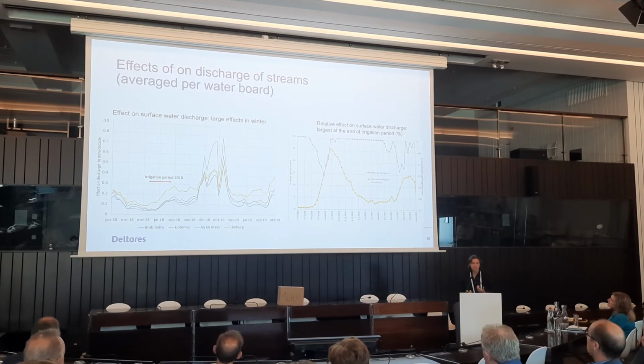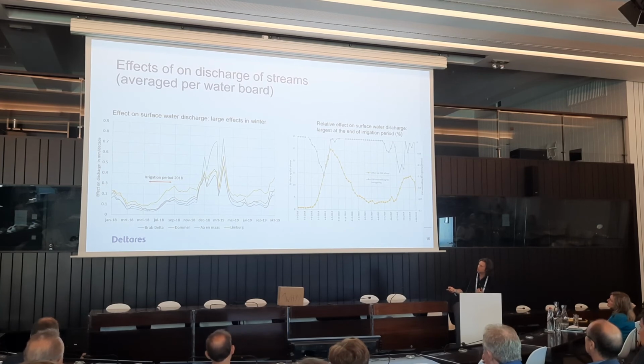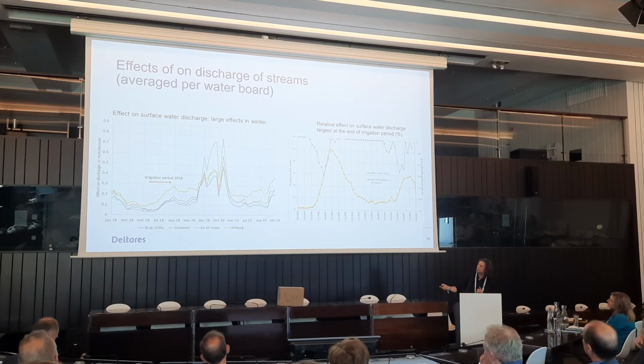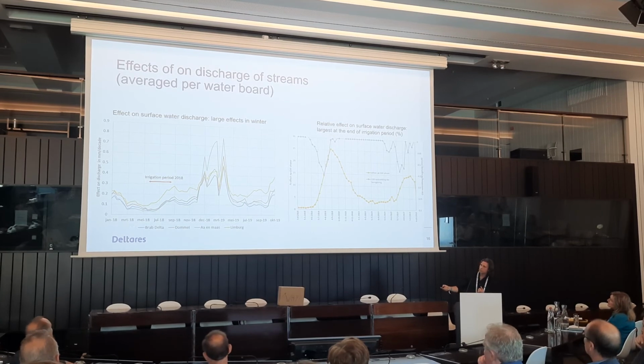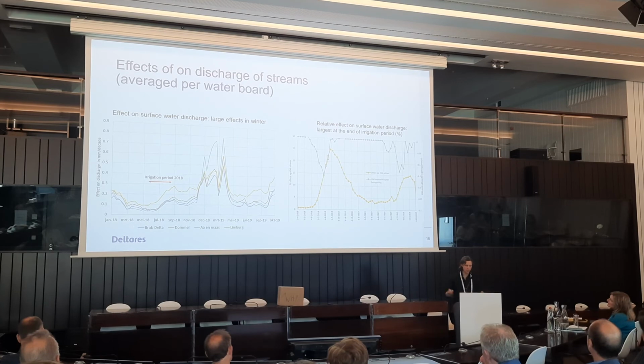The abstractions, as I explained, also have their influence on stream flow. It's maybe a difficult graph, but what it's saying is the effect of different catchments on discharge. This is the irrigation period, and the effects are largest, in absolute terms, in the winter, because then this whole discharge process is going to happen again.